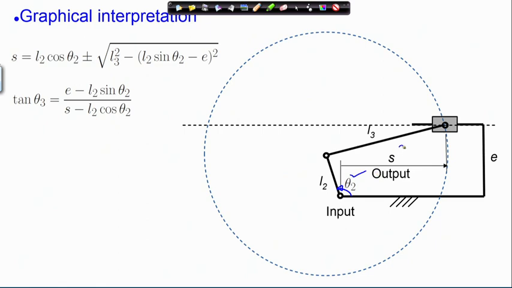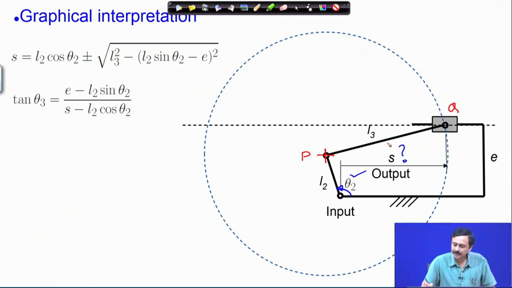What we have to find out is S. If theta 2 is specified and the link lengths are known, this point is fixed. This was the hinge point P. This is fixed. What is not known is the location of the hinge Q.